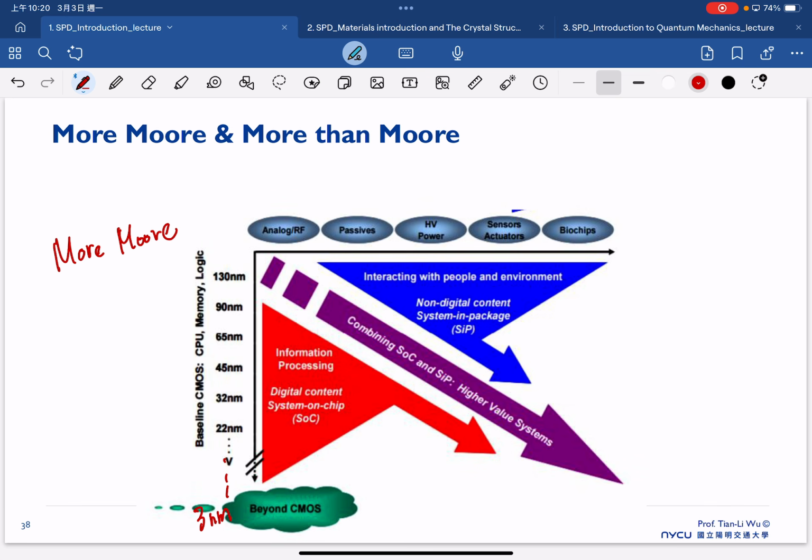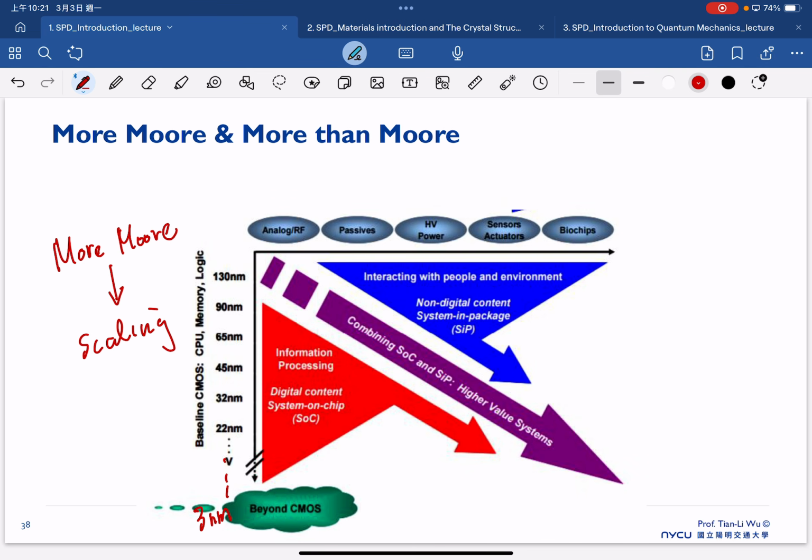So to enable More Moore technology, what we try to have is the scaling. So this is a technology trying to fit Moore's law. But actually, there's a part of the technology that didn't have to follow Moore's law.